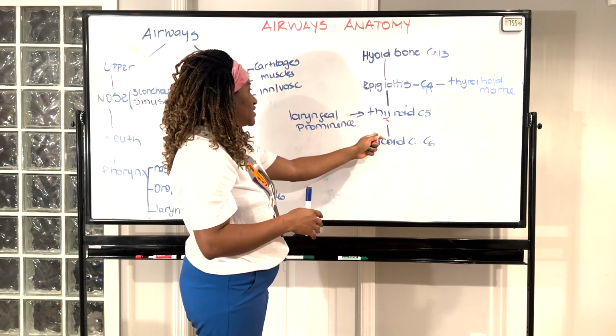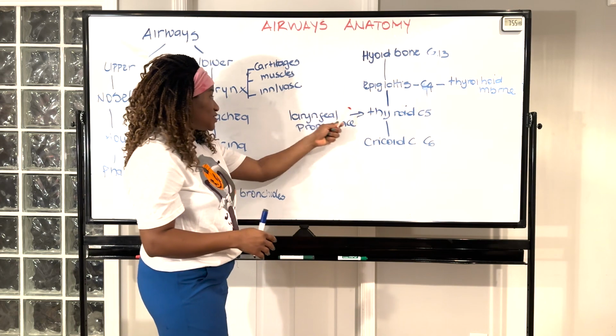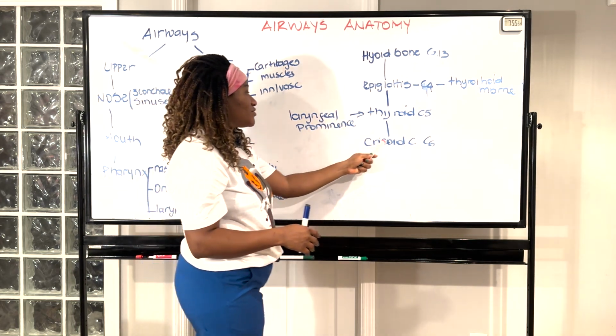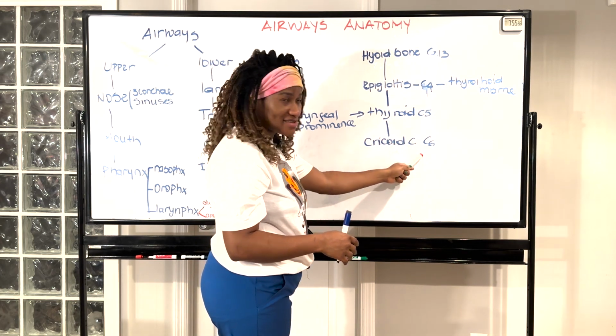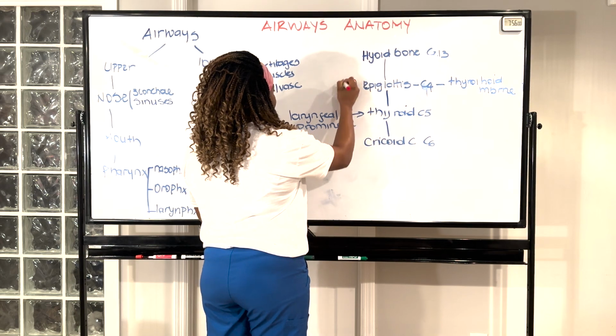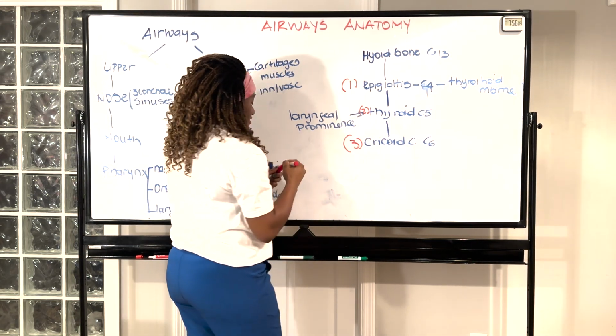Coming down at C5, you have your thyroid cartilage, which is consistent with your laryngeal prominence, and then you have your cricoid cartilage at C6. So this is the first, second, third cartilage, anteriorly.